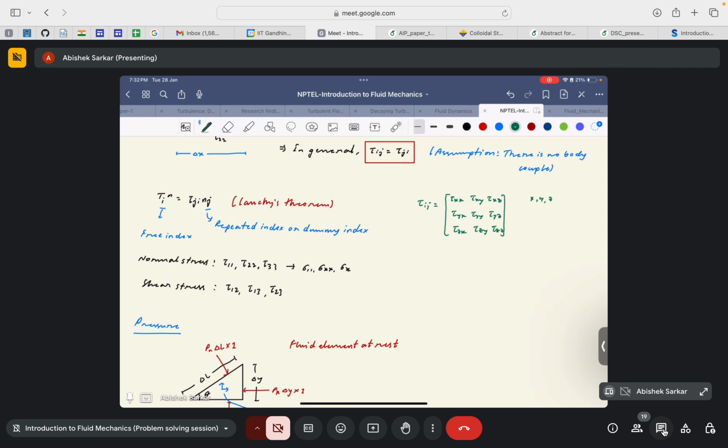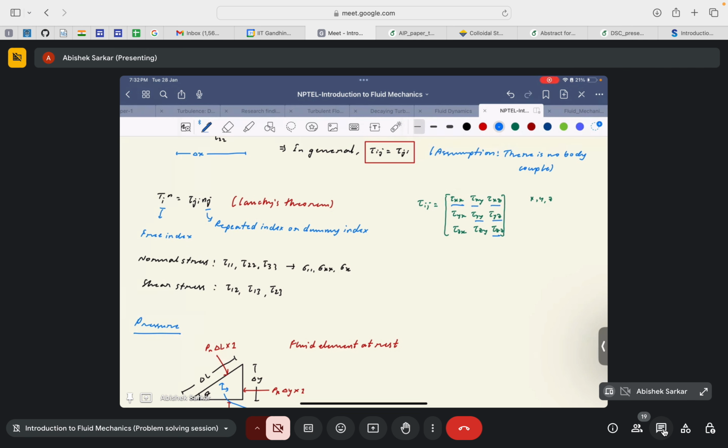So Professor Chakraborty told that in this kind of scenario there are 6 independent variables when you're considering stress components. So the 6 independent variables would be 1, 2, sorry, let me just mark it, 1, 2, 3, 4, 5 and 6.